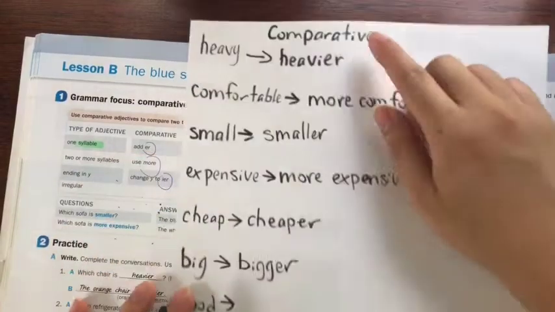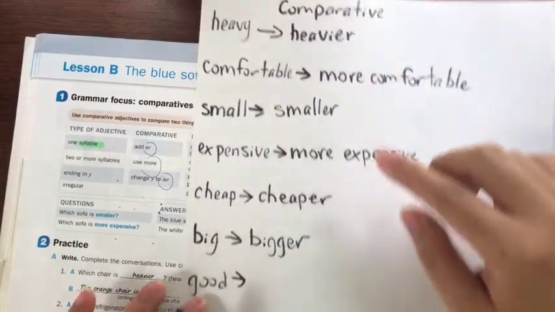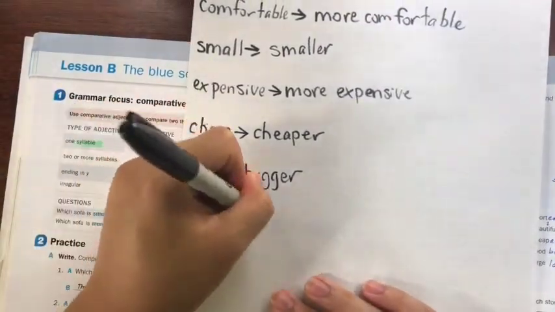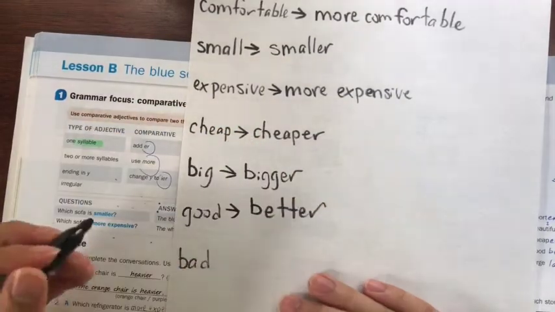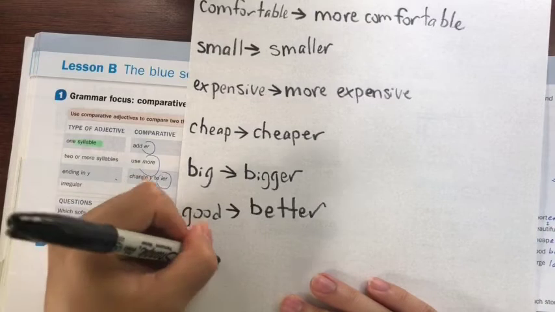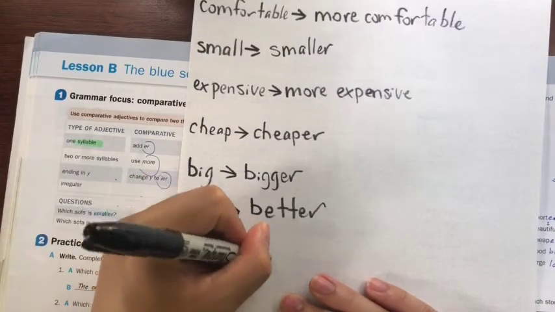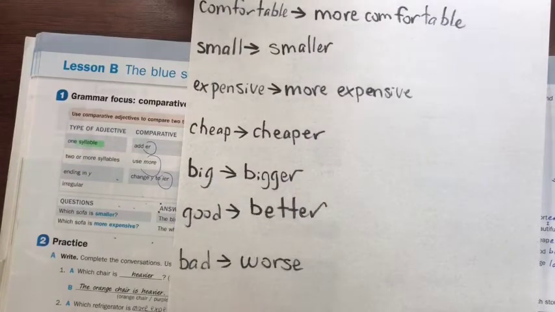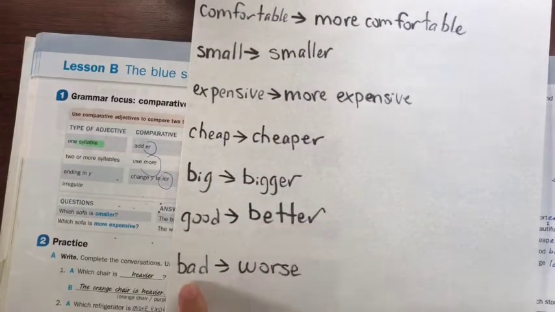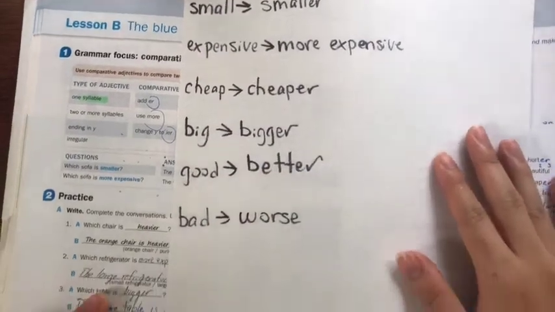For comparatives, when we compare two things, good becomes better. Bad becomes worse. Good, better. Bad, worse.